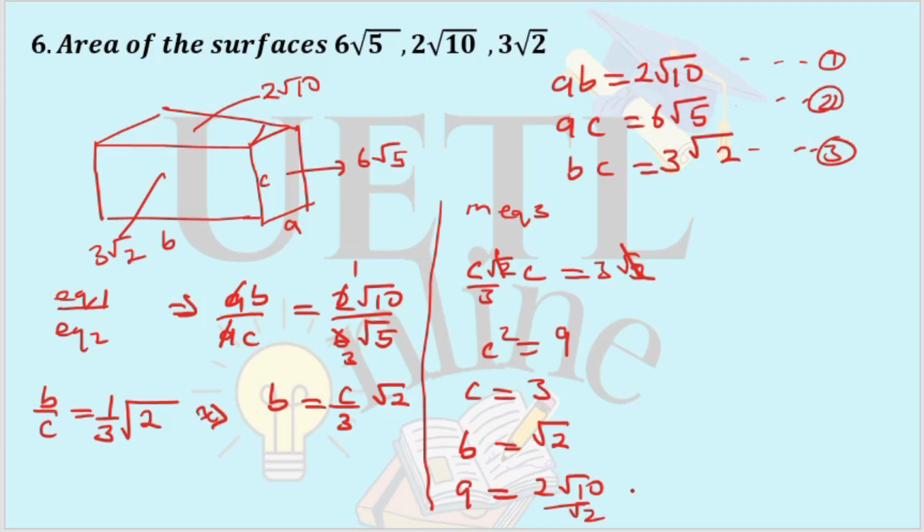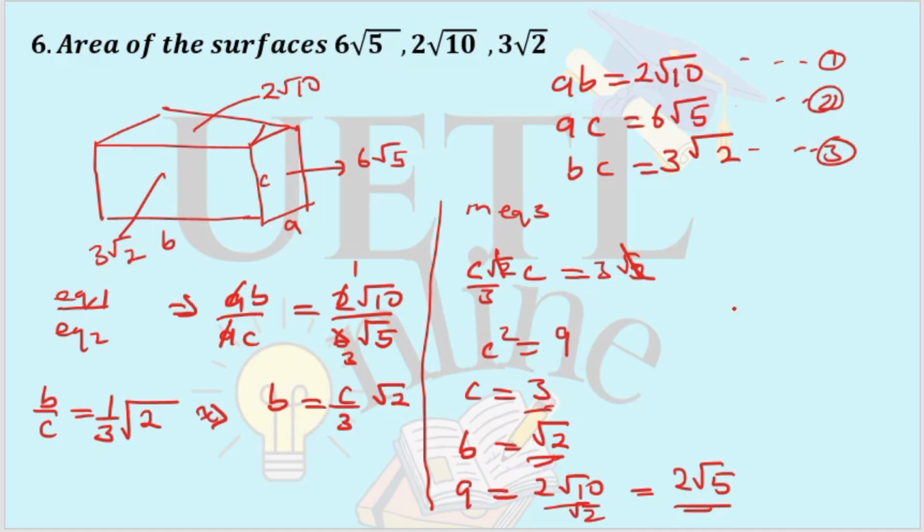If we simplify this, we get 2 root 5. This is our solution: B is root 2, A is 2 root 5, and C is 3.